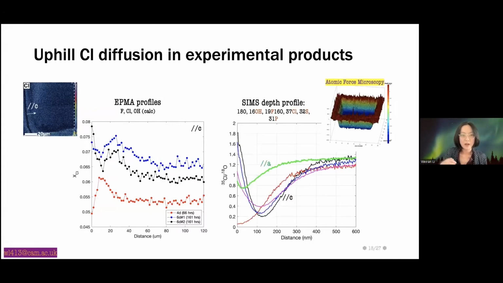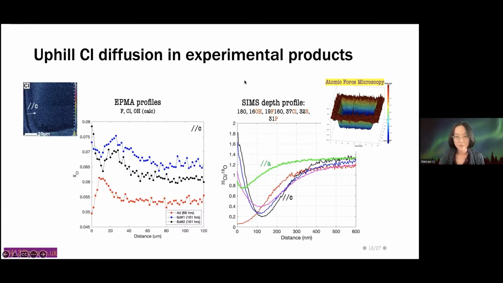Such uphill chlorine diffusion was also observed in the SIMS profiles that we obtained from the thin film samples. On the right-hand side, I show the chlorine normalized to oxygen ion ratio intensity versus distance, and the distance is in nanometers. Basically we scan the sample from the surface of the thin film, scanning by many cycles until we reach the inside of the substrate.